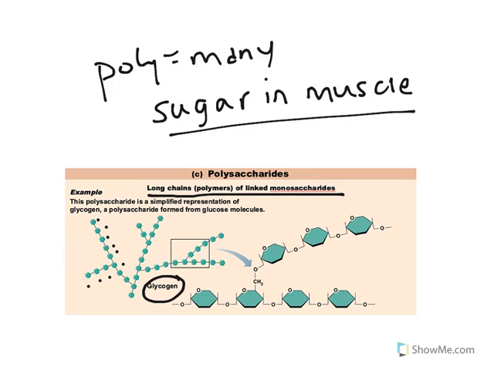If anyone's ever done races before, if you ever ran a race or a marathon or a 15K or even swimming or triathlon, you've probably done something called carb loading.